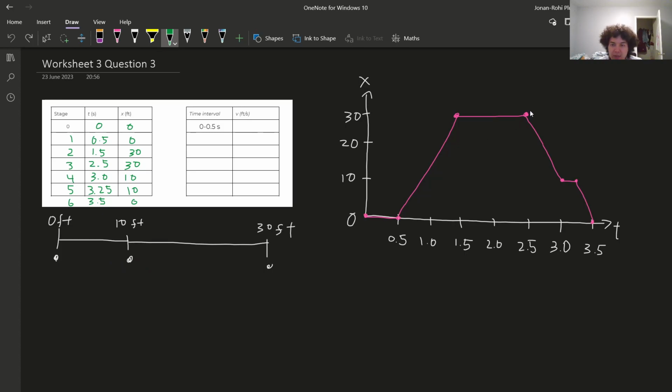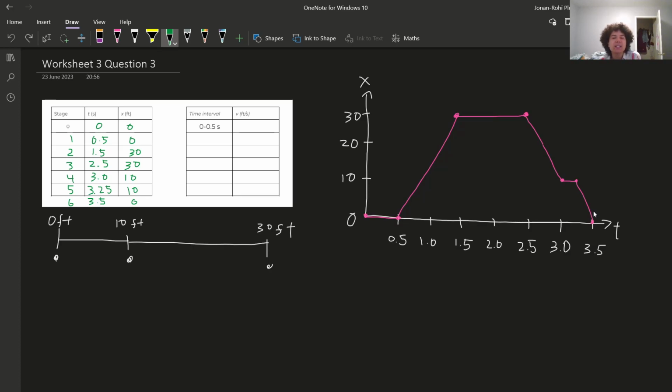So the bird can be represented during this time as moving backwards from position 30 to position 10. And therefore, since this is a left direction, it must have basically negative velocity. So the bird has positive velocity here, negative velocity here, and I bet you can guess what the velocity is here, positive or negative. It's negative.